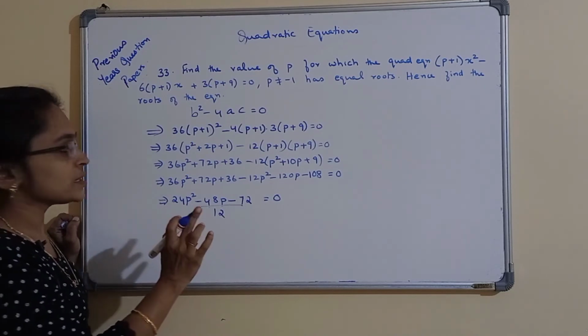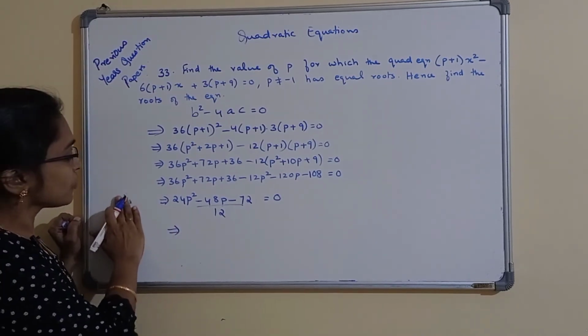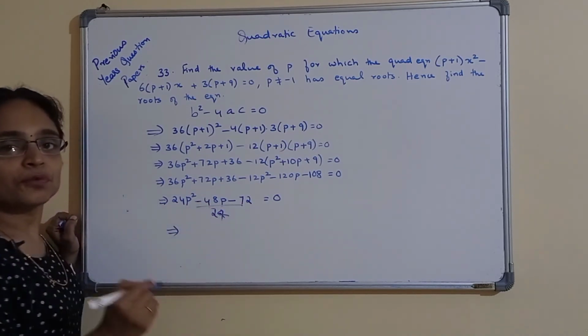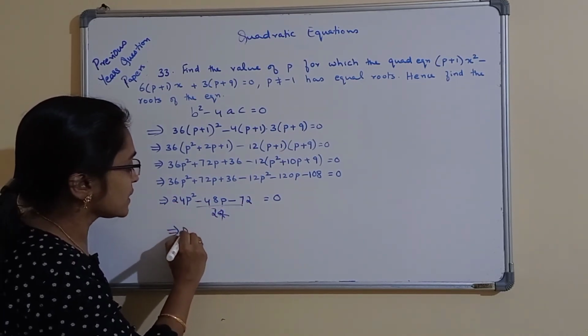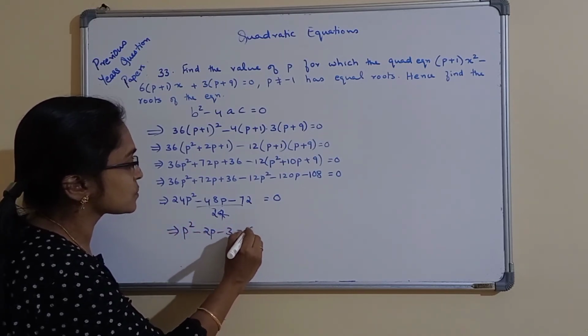or 24 is common. 24 into 3 is 72. So, 24 is common in all these. So, we can divide this by 24. Okay. So, we will get p square minus 2p minus 3 equal to 0.